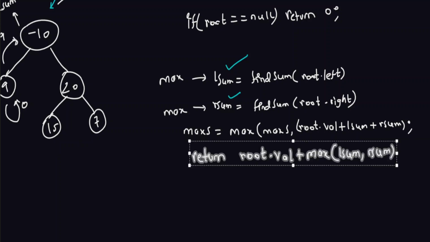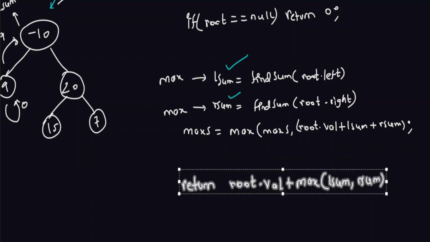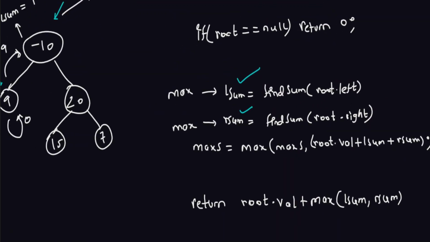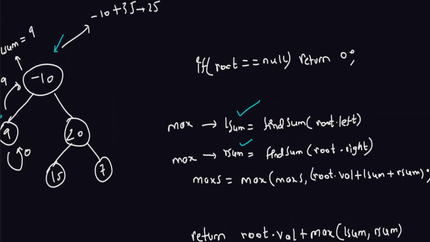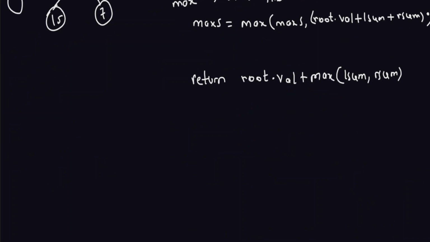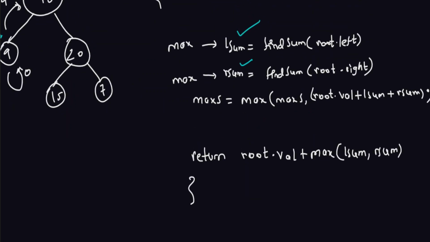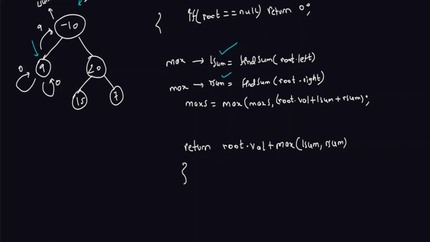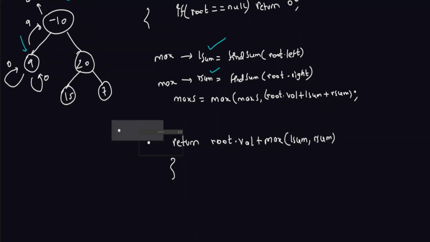So let's again iterate this. So this is the part, find sum. This is the algorithm. Find sum root.